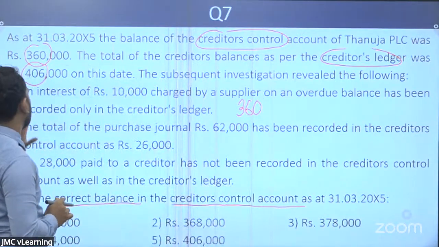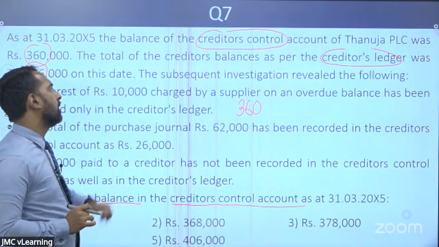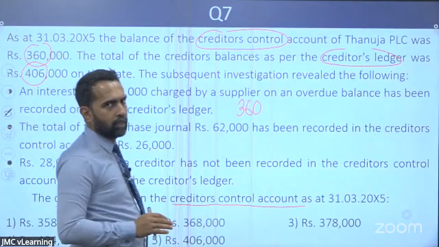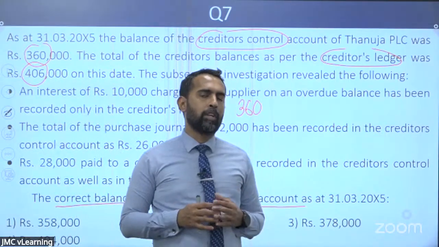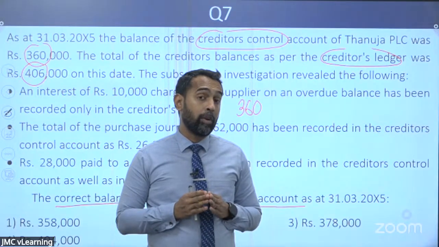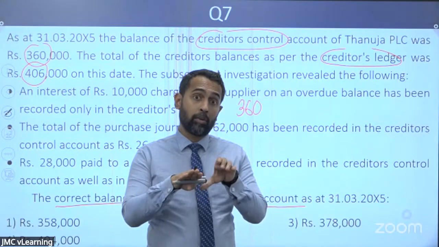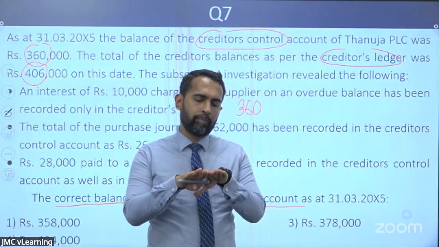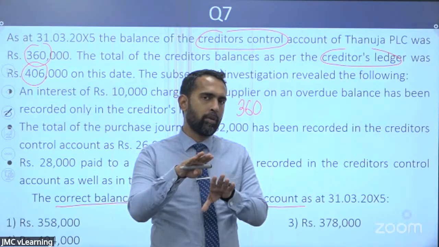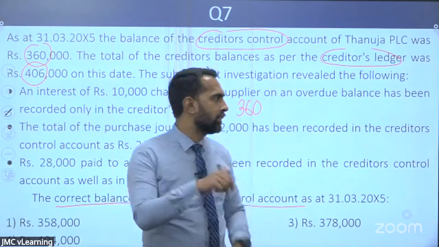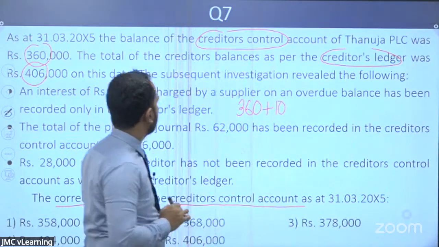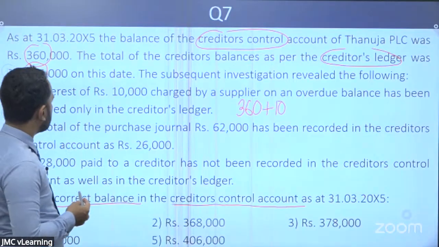First one: an interest of 10 charged by a supplier on an overdue balance has been recorded only in the creditors ledger. So there's a 10 rupee charge that has been recorded only in the creditors ledger, not in the control account, but you have to record it now. So the creditors balance will increase, and you have to add 10 rupees. Look at the next one.